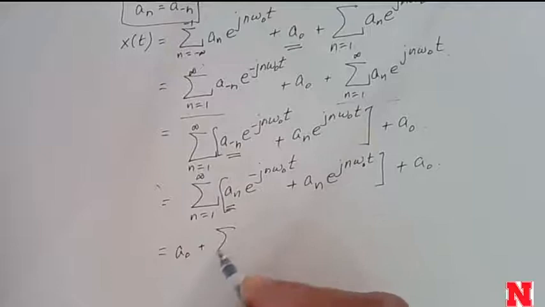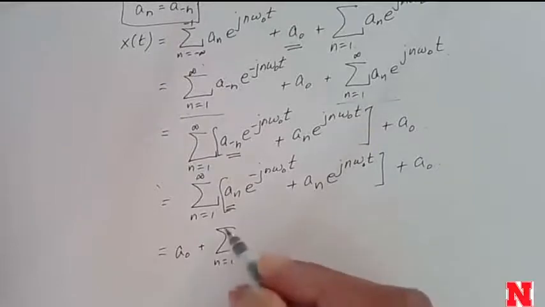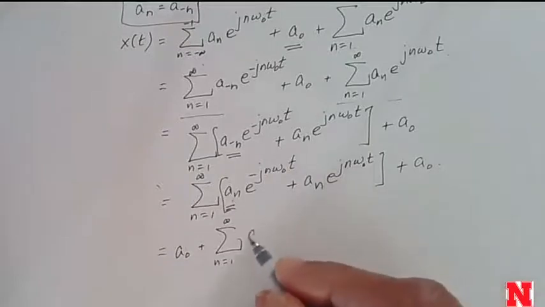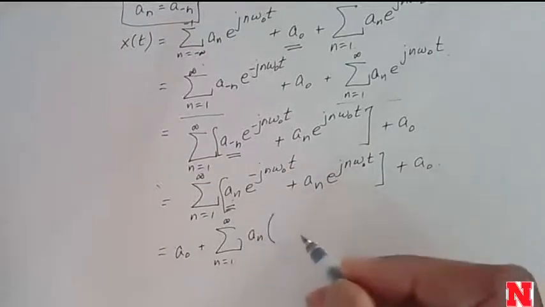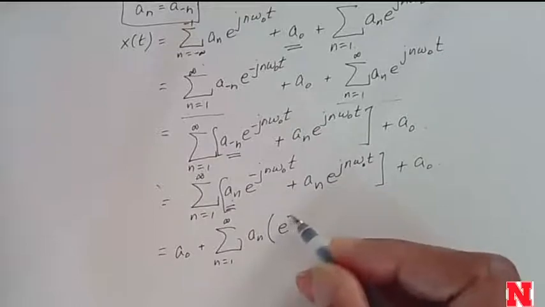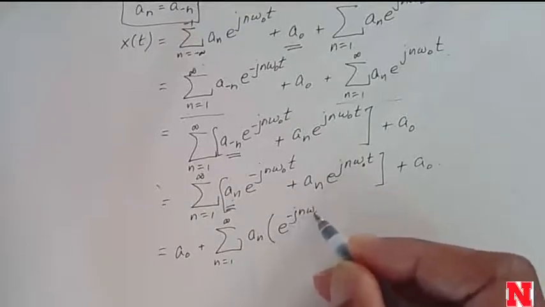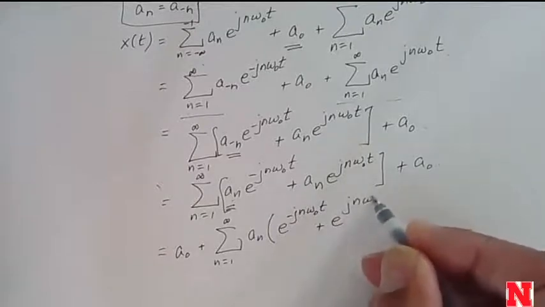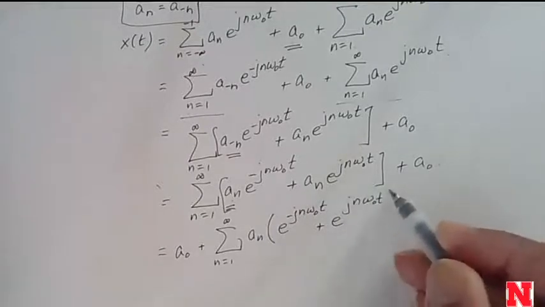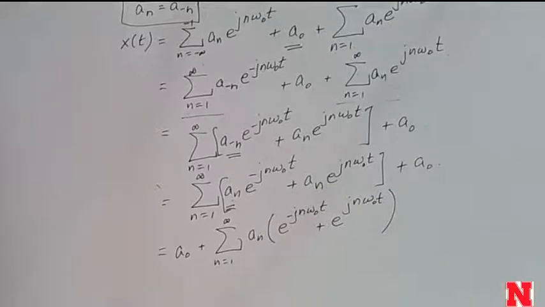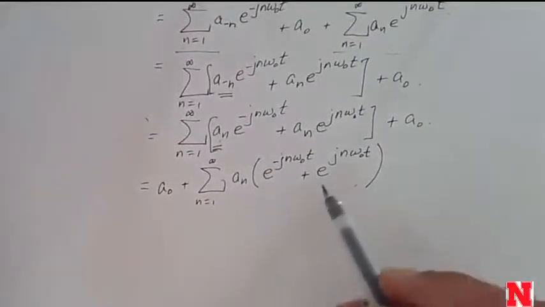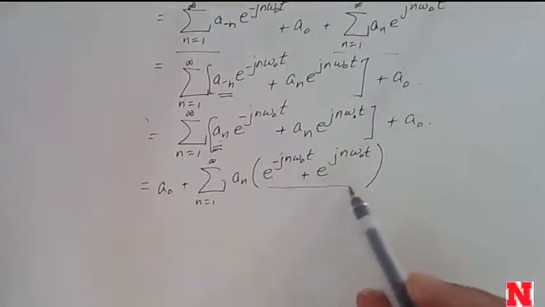a0 plus summation n equals 1 to infinity, and now I'll take this a sub n out in common, and what I'll have left is e to the minus j n omega naught t plus e to the j n omega naught t. By this time, you're very familiar with Euler, so you know that this is just twice cosine n omega naught t.